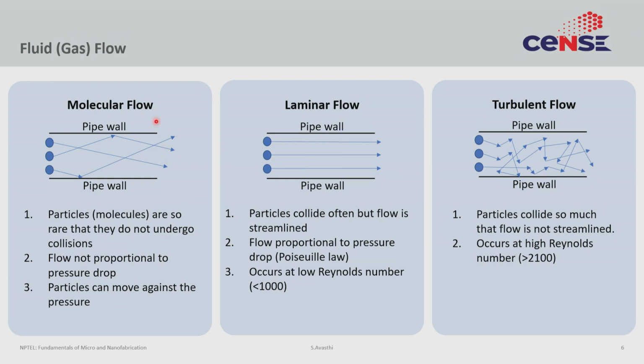So, one is called the molecular flow. This is what happens when the particles or molecules are so rare that they do not collide with each other. So, they do not know of each other's presence. In that case, the only thing that the molecule or particle interacts with is the physical container itself.